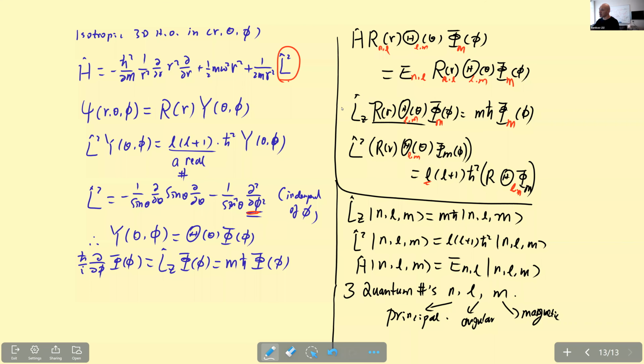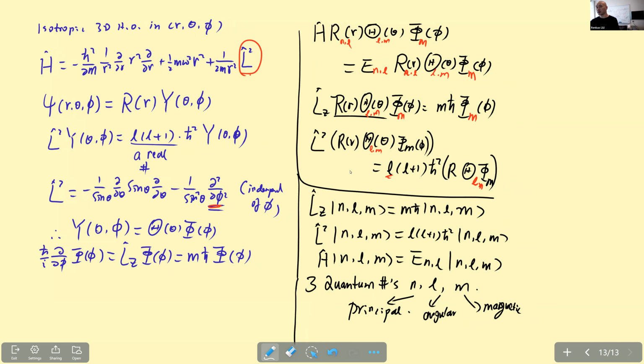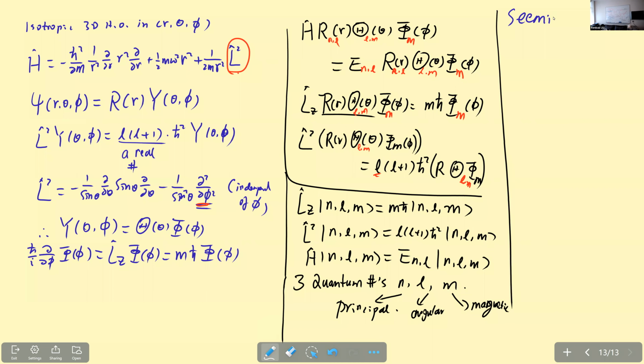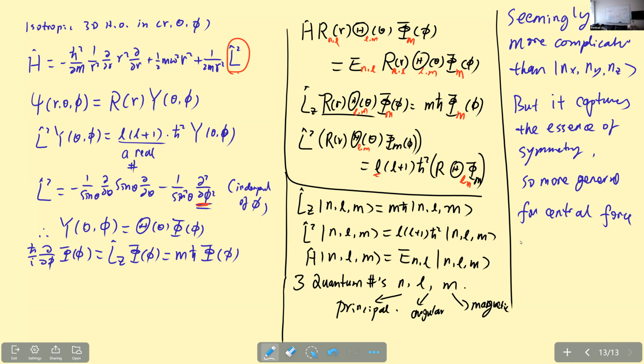The reason is that for the harmonic oscillator, r squared can be easily written as x squared plus y squared plus z squared. These labels are more complicated than n_x, n_y, and n_z, but the point is that they capture the essence of the symmetry, and are more general for central force problems.